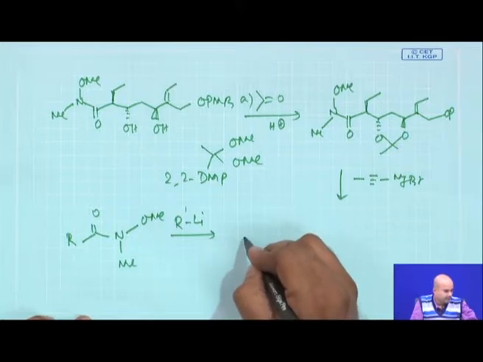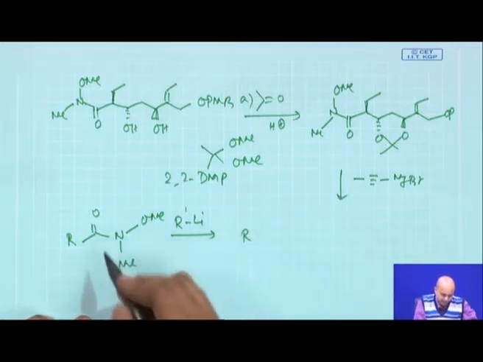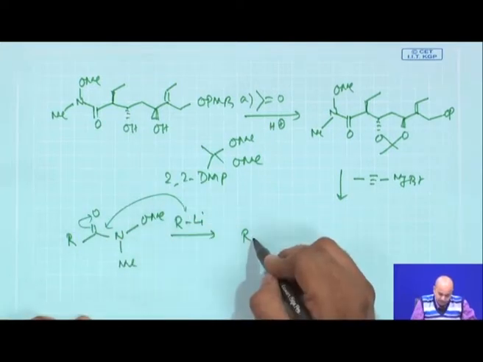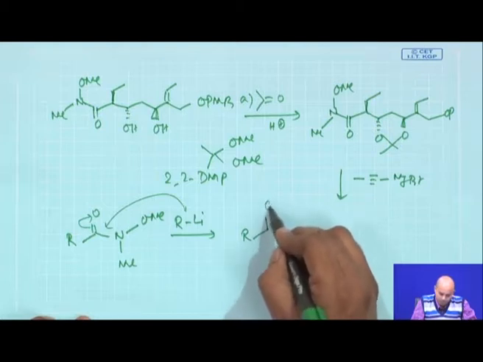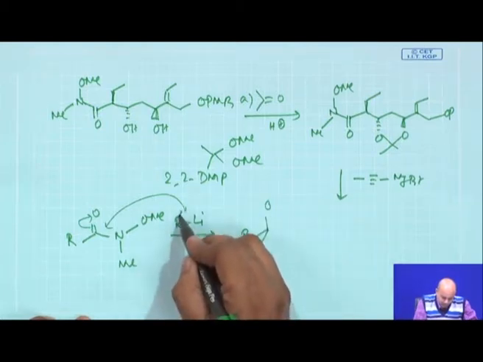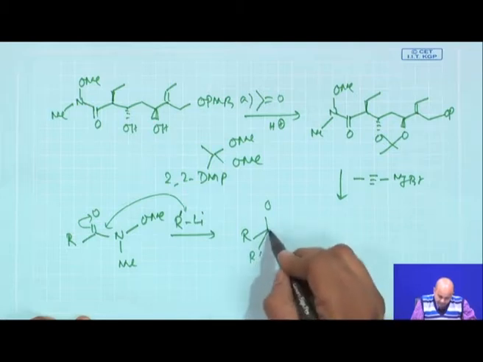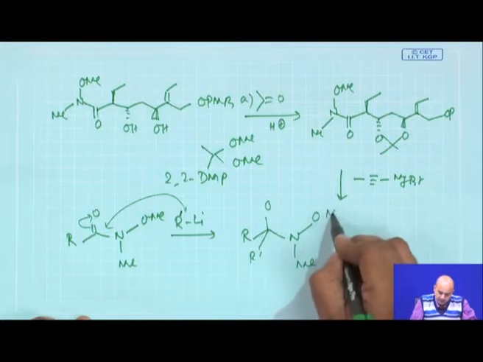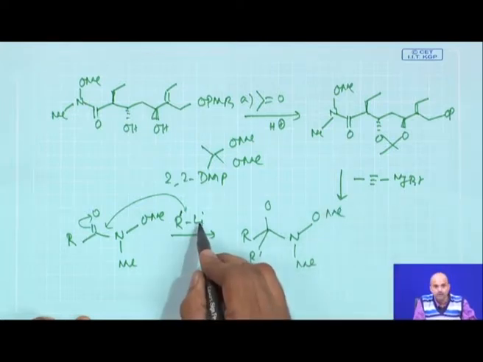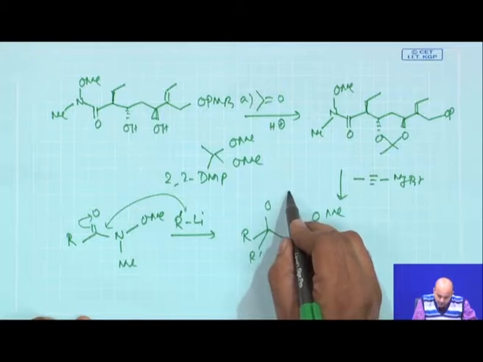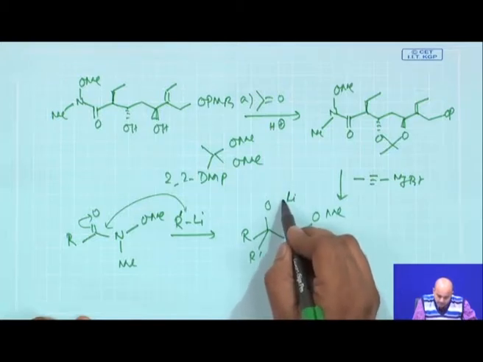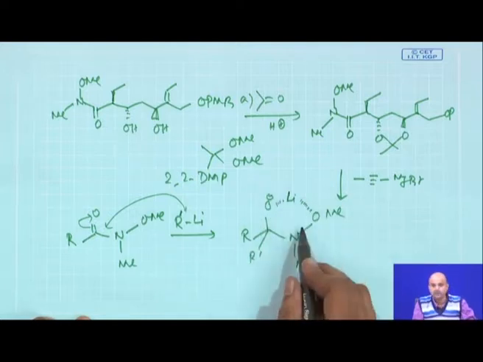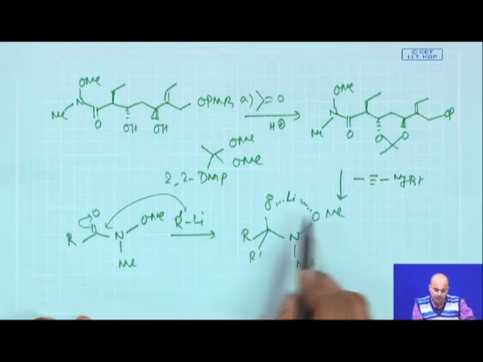So, initially what happens? The alkyl lithium will come here, this R prime is coming here, your N and methyl will be here. Okay. Now, see you are using lithium or any metal. So, what happens? This particular metal, lithium, will make a cyclic chelate with this OMe and this O minus.